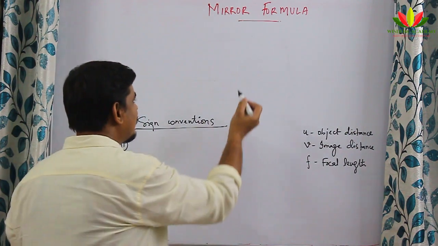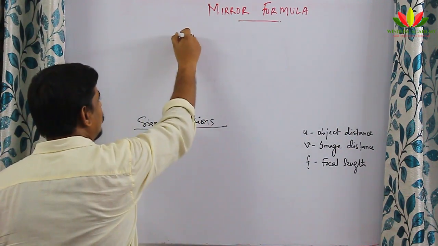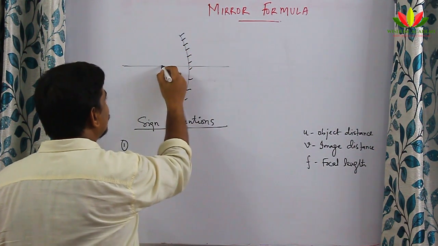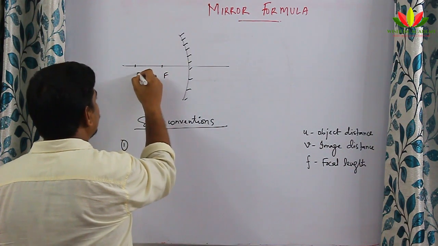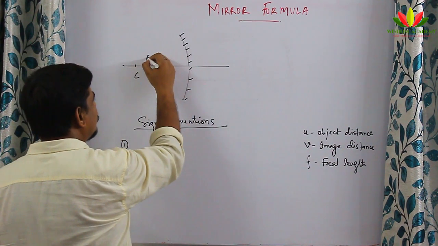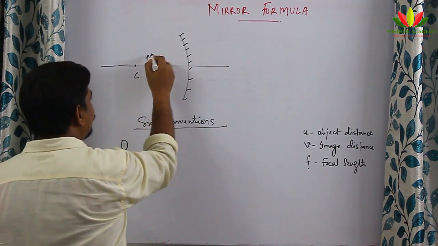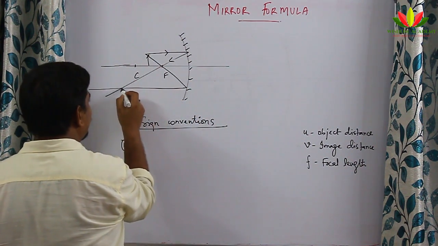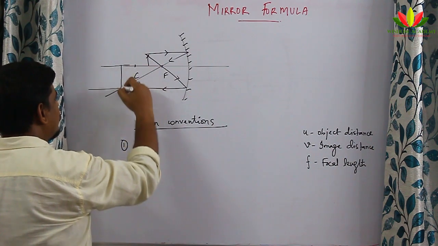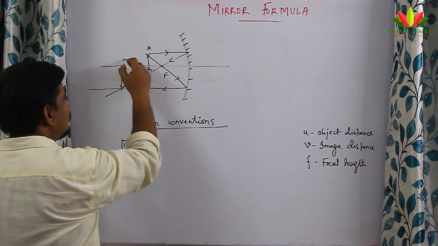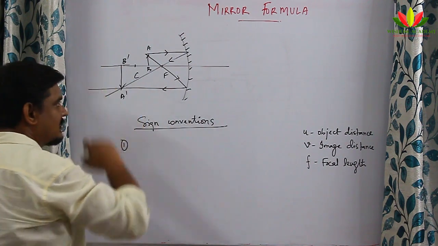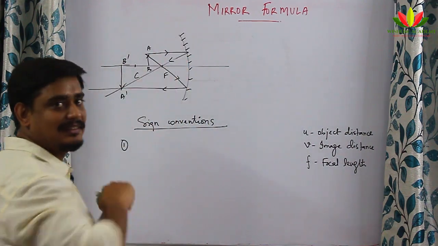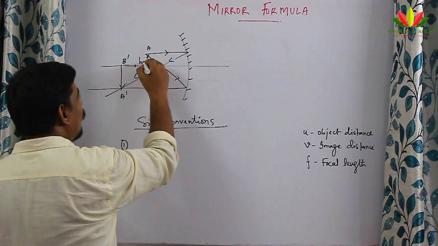What it means, let us take two examples, one of a concave mirror, one of a convex mirror. This is a concave mirror, and you take any case, the object is kept between C and F. Where will the image be formed? We know one ray will go like this, pass through here, one ray will go like this and become parallel to the principal axis, and they will meet somewhere here. So this will be the object AB and this will be the image A dash B dash. Here this height is above the principal axis, I am representing it by HO.